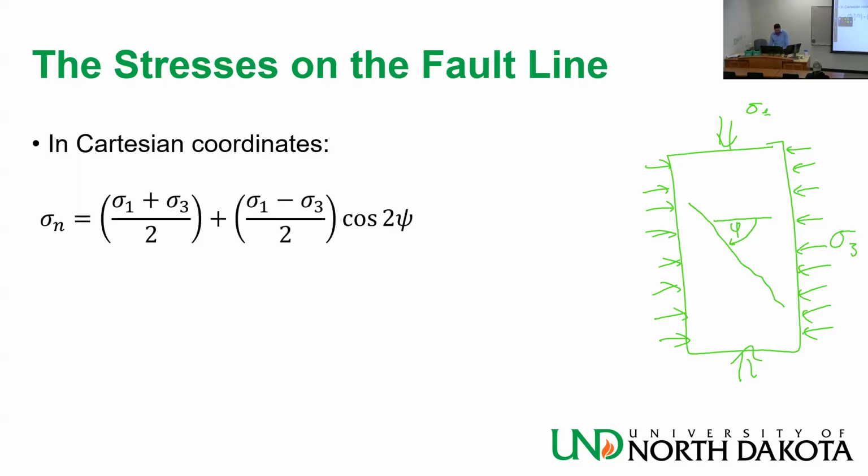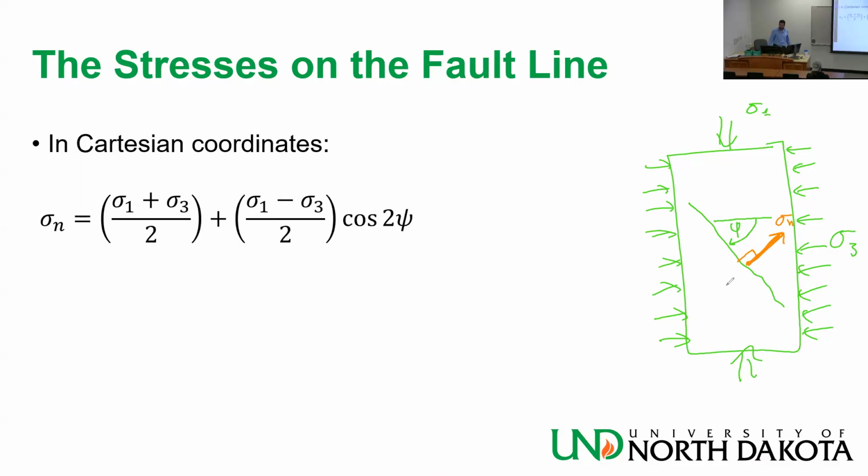Let me draw it using orange. Okay, this is the pre-existing fault. This is the normal stress, sorry, the normal stress here on the fault. It's at right angles to the pre-existing fault, right? There you go.